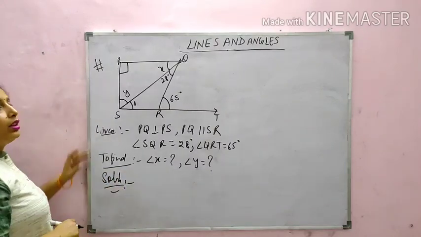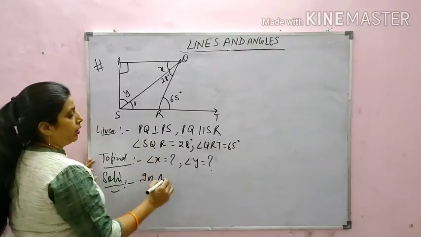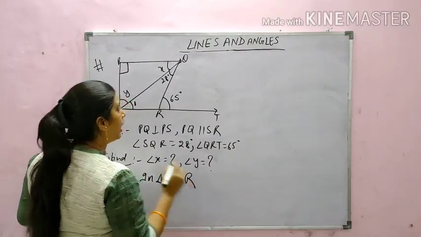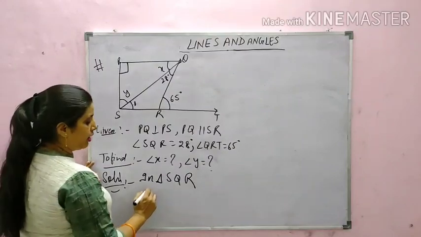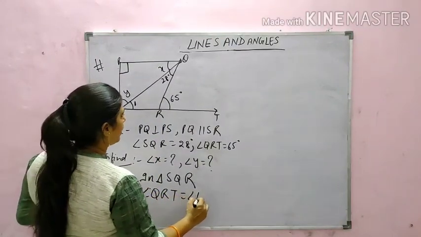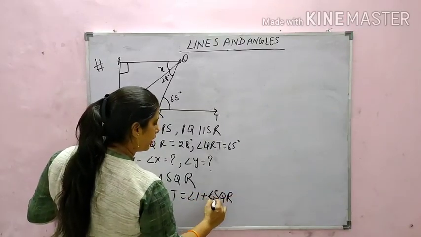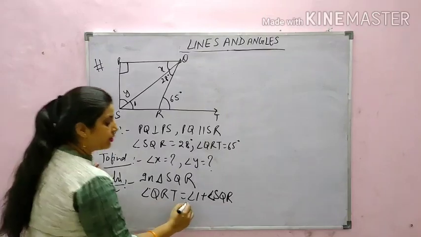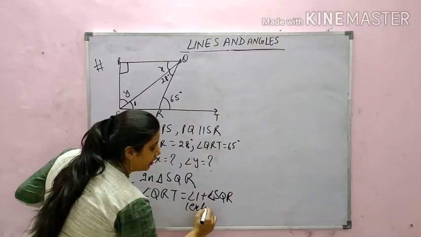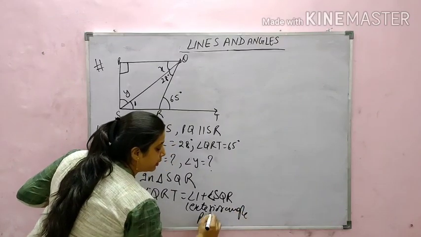Here, first of all, in triangle SQR, angle QRT equal to angle 1 plus angle SQR. This is an exterior angle property.